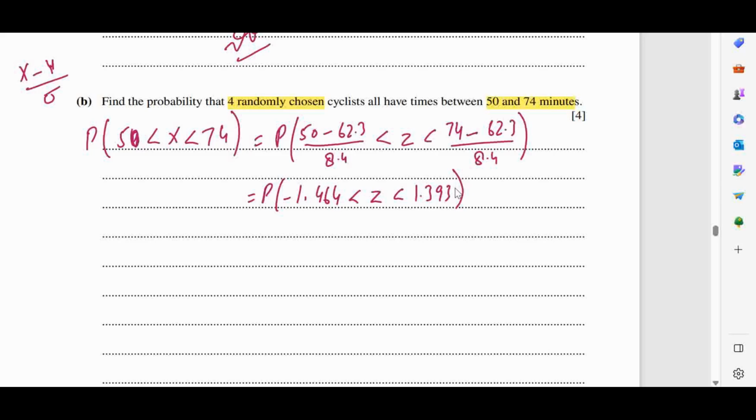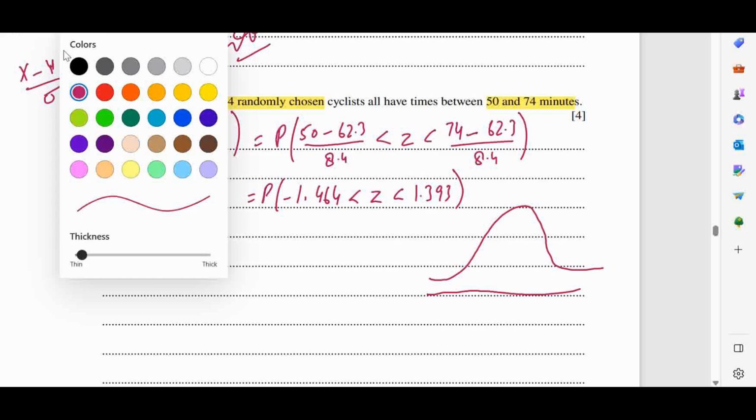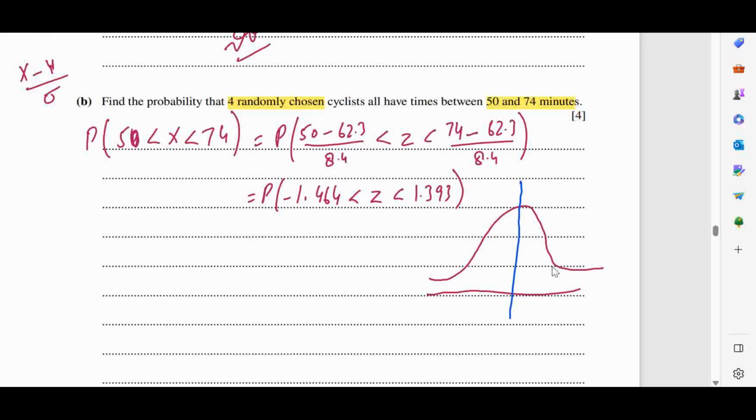Now from here, let's look at the probability distribution diagram and try to understand the concept. The concept is that we have to find these two values. Let's say this is mu over here, this one is 1.393, and this point is minus 1.464. We have to find the region between these two, the probability between these two.